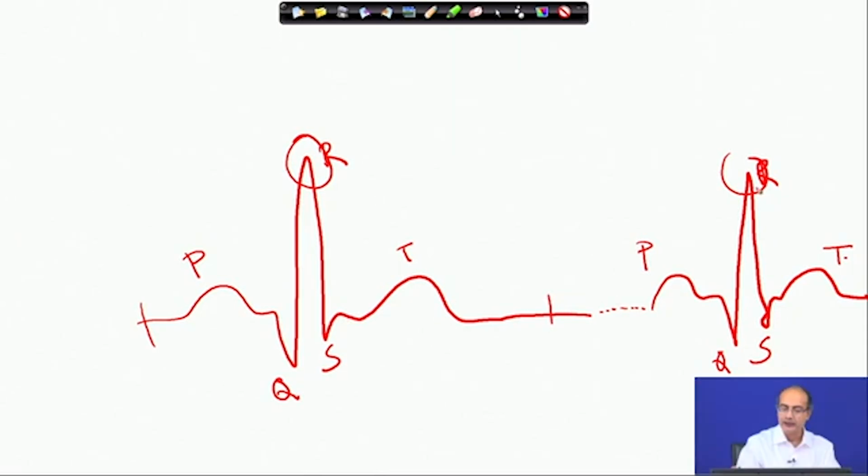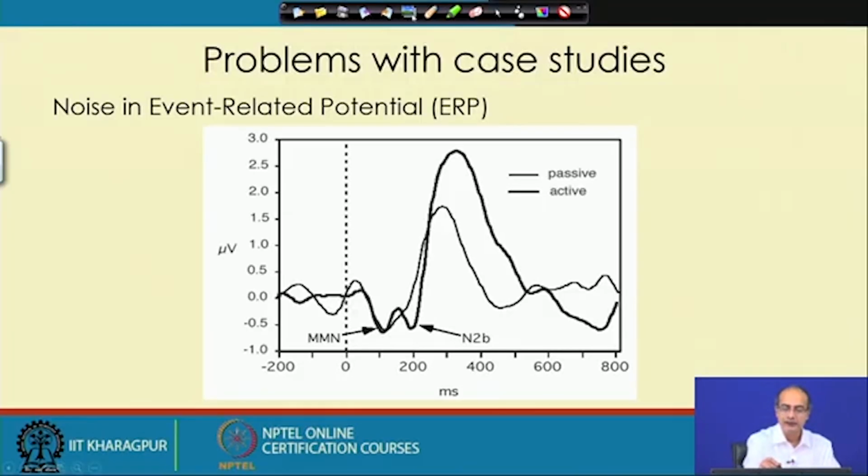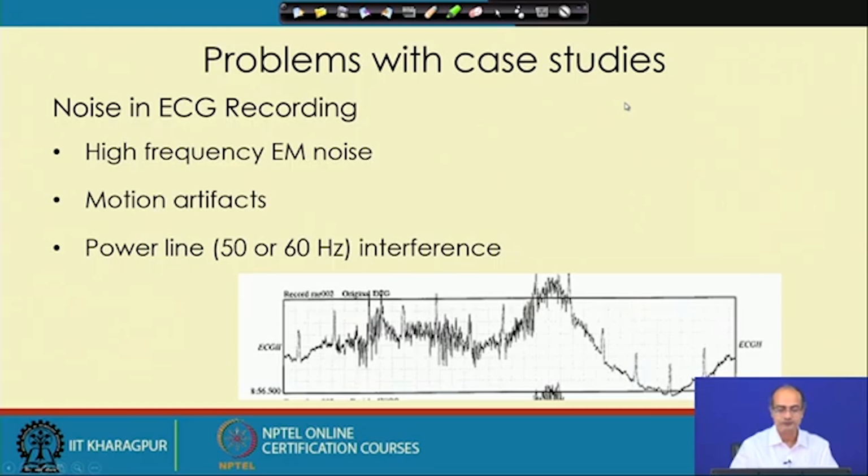That way we can take the different cycles, take these R points as the reference, and align them. So, alignment is possible using the signal itself also.